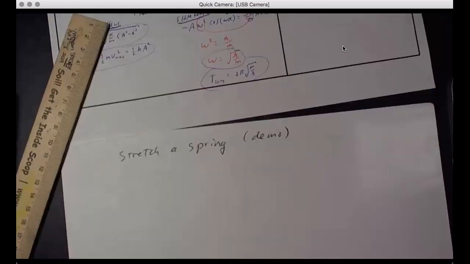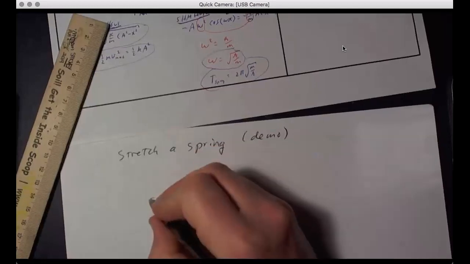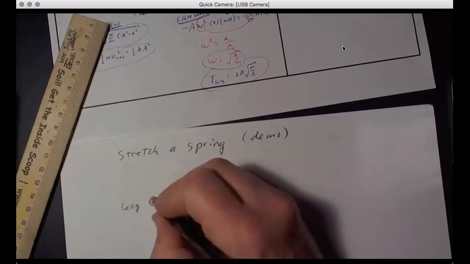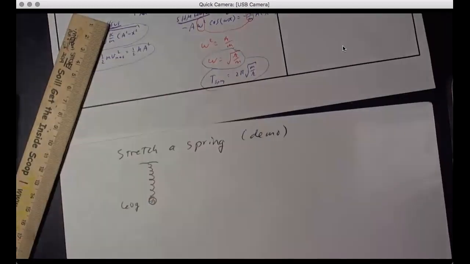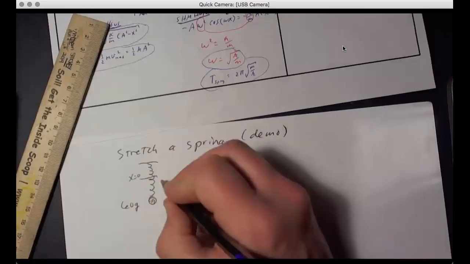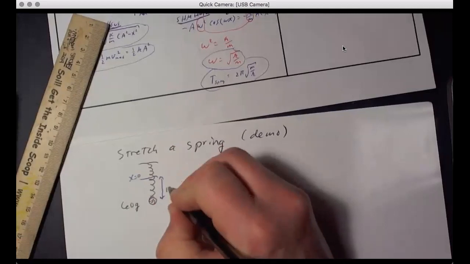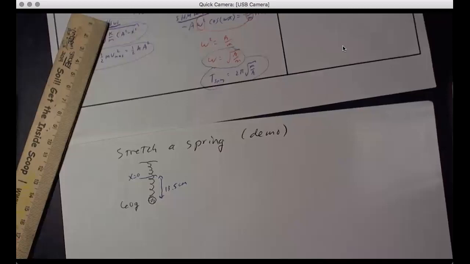If I have my 60-gram mass, stretched spring, x equals 0, stretches down by 13.5 centimeters, I can get the following, right?